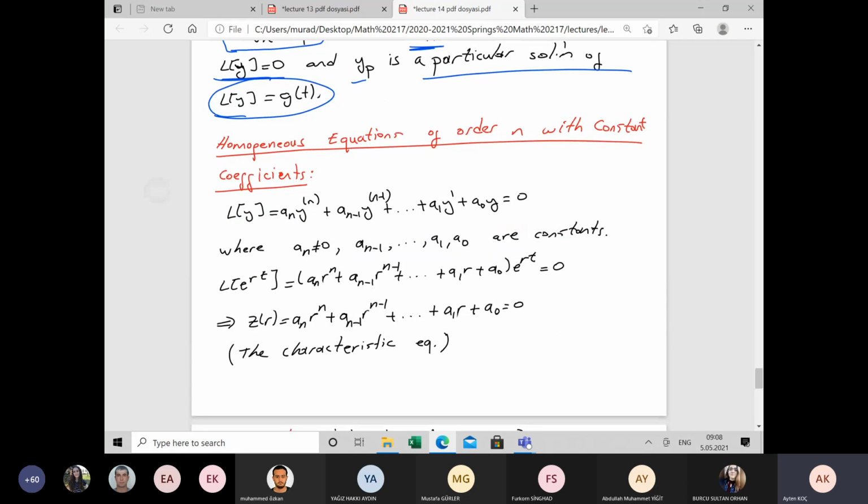Now, consider a homogeneous equation of order n with constant coefficients. Look at this one: L of y is 0.